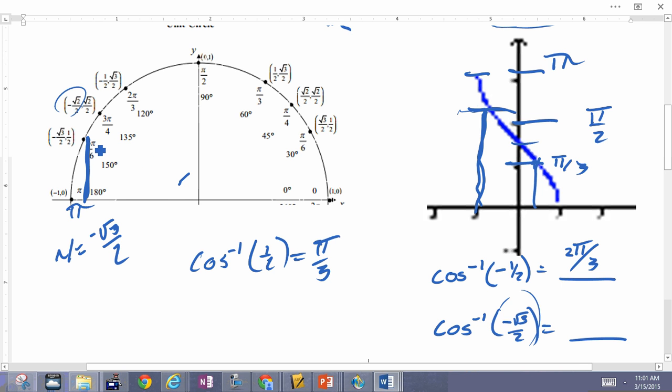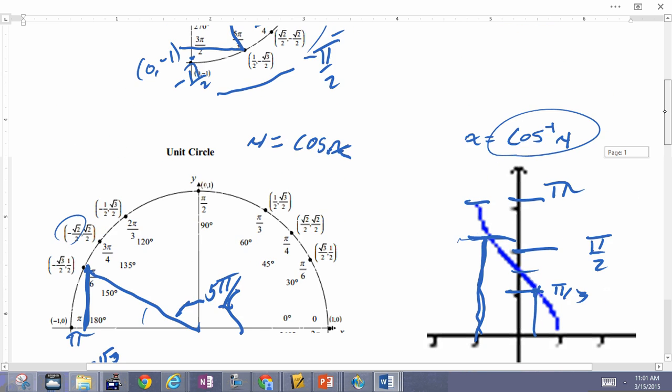We're asked to find this angle of rotation, the terminal side of which has an x coordinate of negative root 3 over 2, and that angle of rotation, as you can see, is pi over 6 short of pi, which would be 5 pi over 6. Okay, so hopefully that helps.